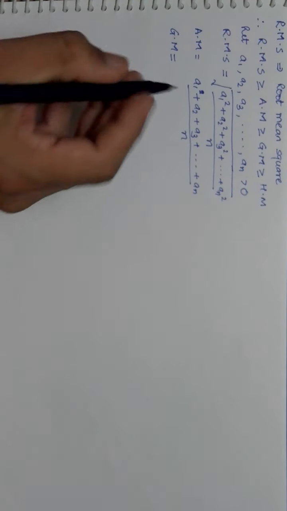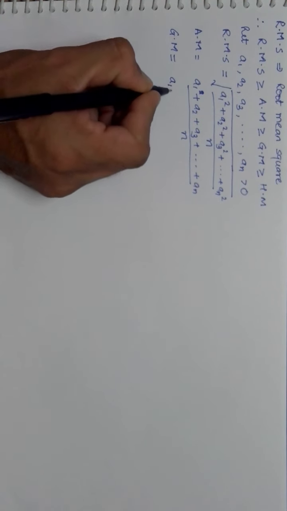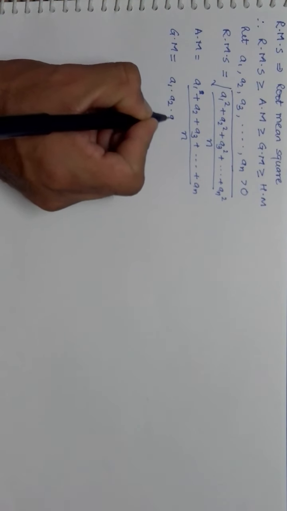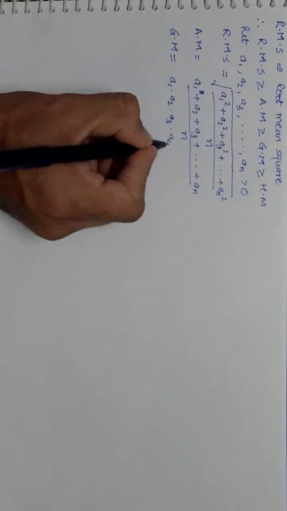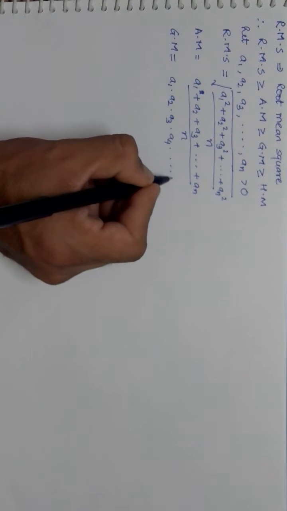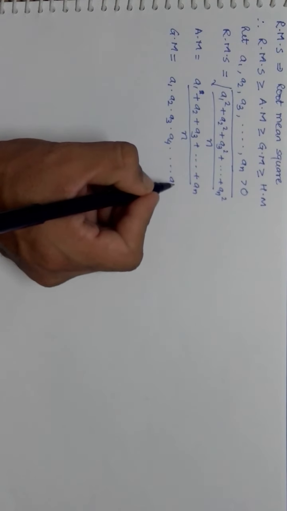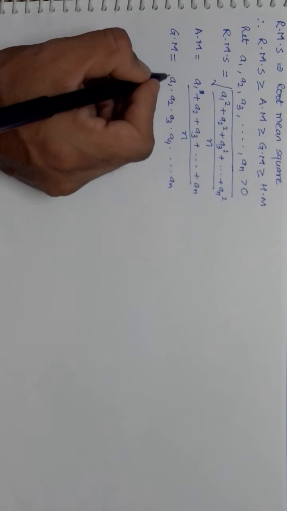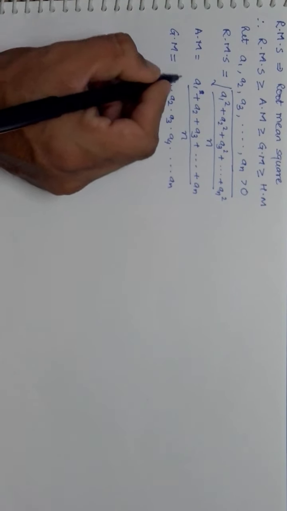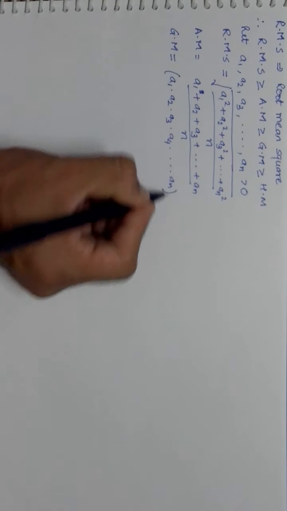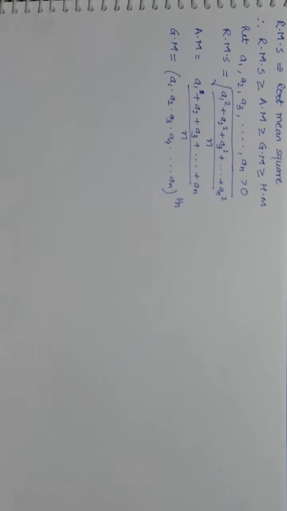So if you have n numbers, it will be A1 into A2 into A3 into A4 and so on up to AN, and the nth root of it. I can write the nth root like this, raised to 1 by n.